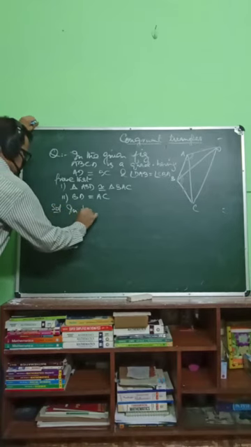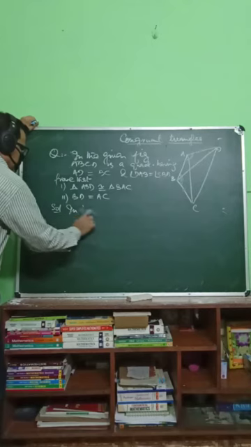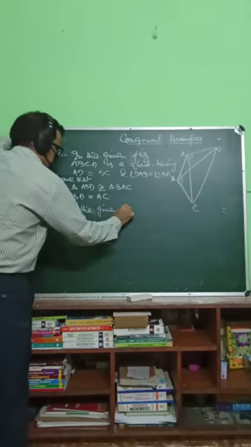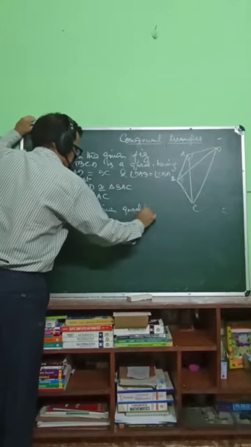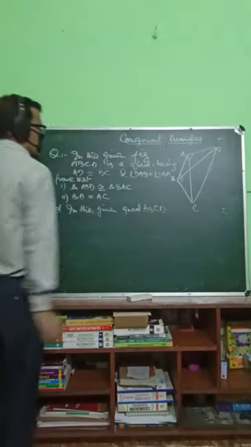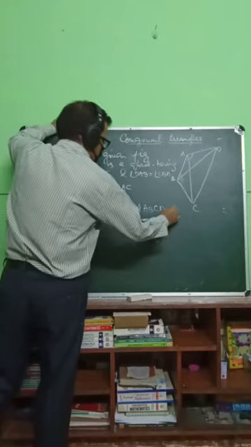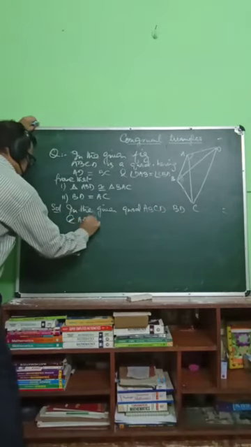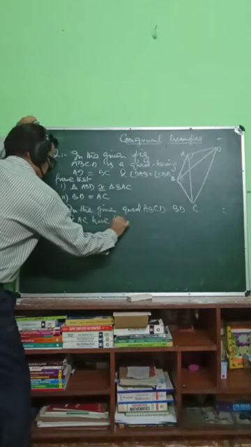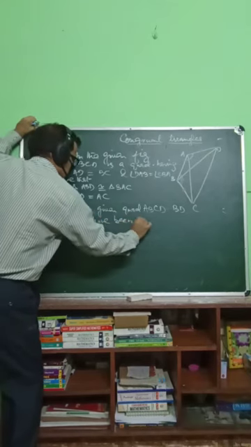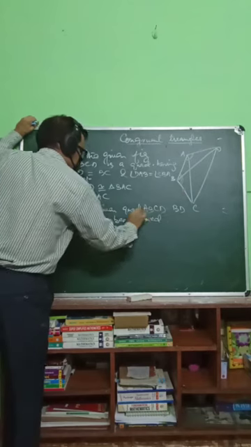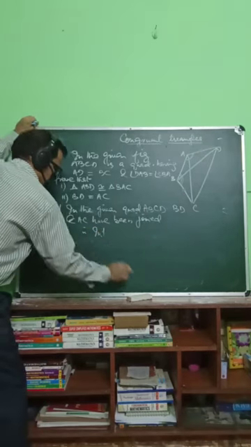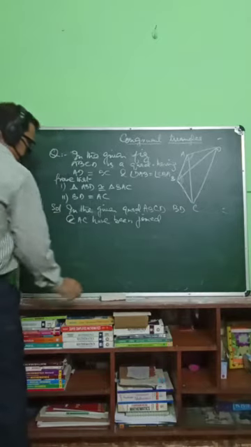In the given quadrilateral ABCD, BD and AC have been joined, therefore we have two triangles.